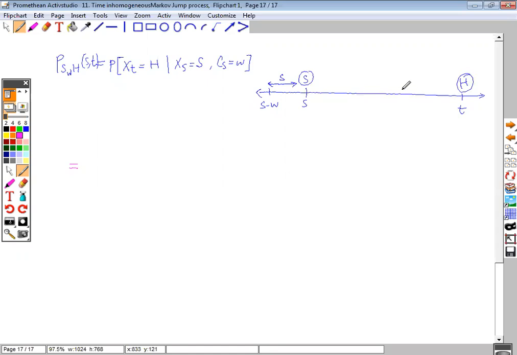So the very first thing that I will do is make some intermediate state here, at time U, and this measures the time I spend being sick before I go to another state, which could only be healthy, right?